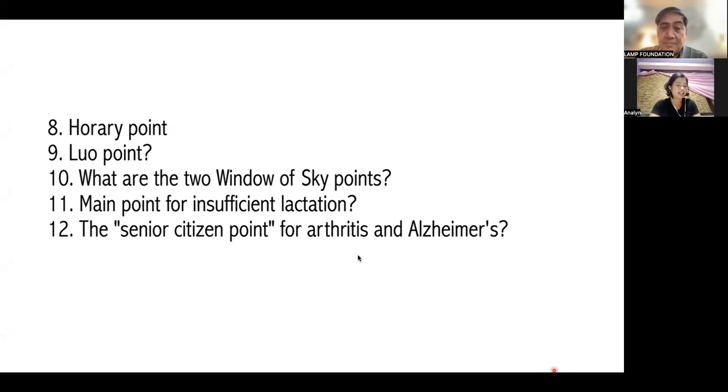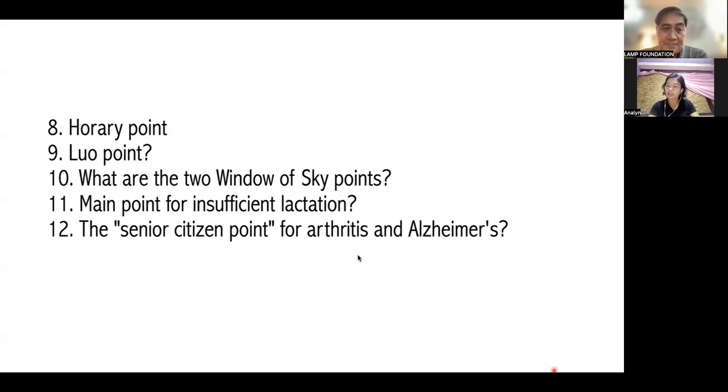So, para silang nag-clear ng channel. Actually, hindi lang siya ang may window of the sky points, marami pa po. Okay. Very good. What's your answer for number 11, Ma'am Annalyn?